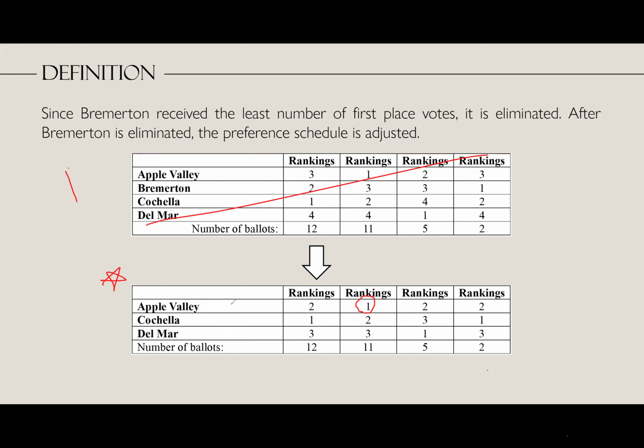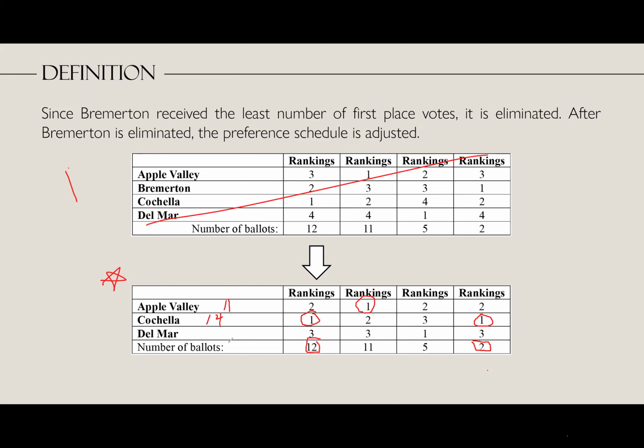Looks like I'll have to do this by hand. Use the ugly handwriting. What about Coachella? Coachella has a first here and a first here. So the first column has 12 votes, and then the last column has 2. So we have 12 plus 2, or 14.